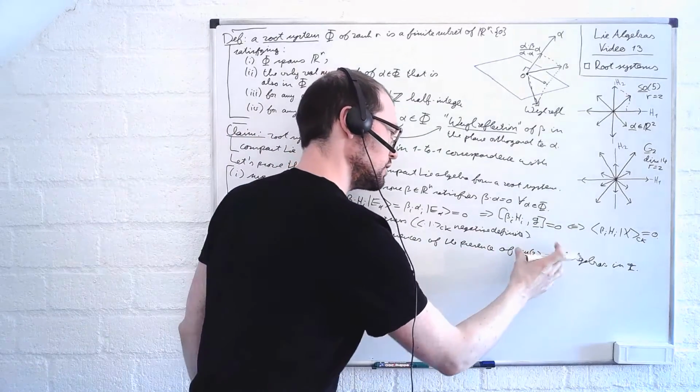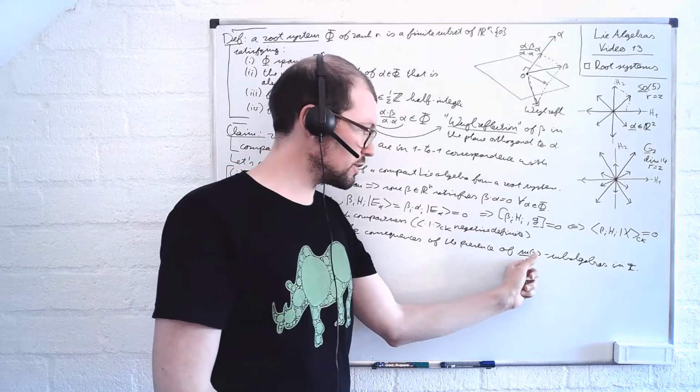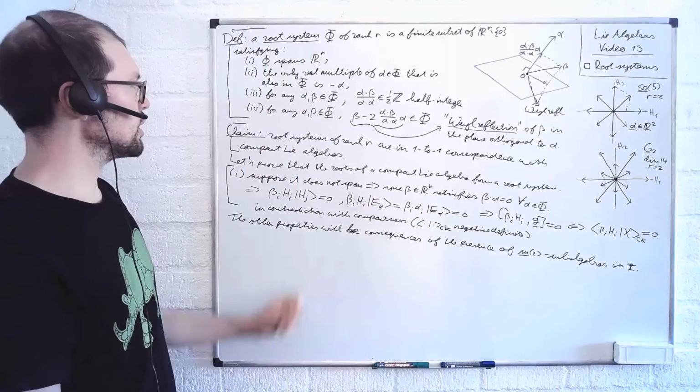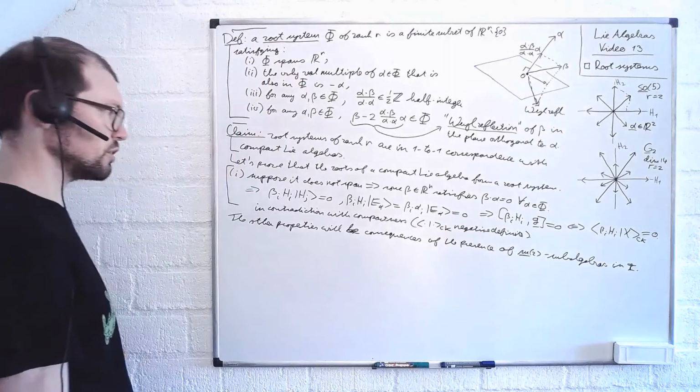If we find SU2 subalgebras, we can use what we know about the representations of SU2 to say something about the root vectors.